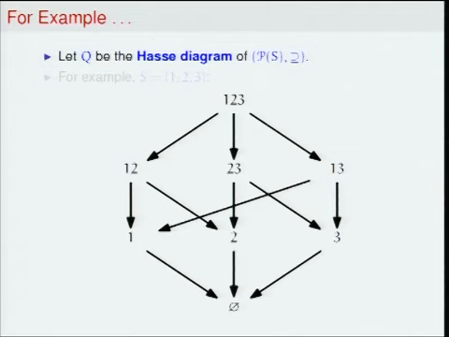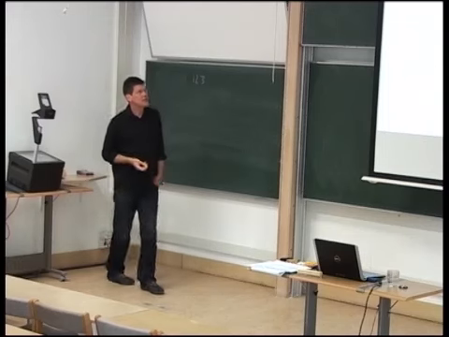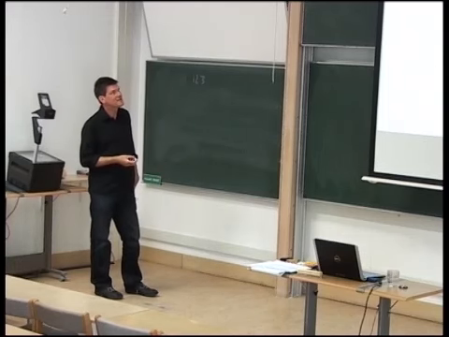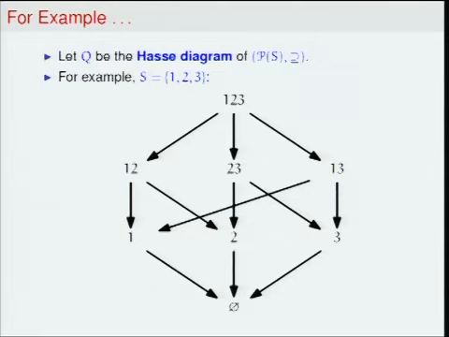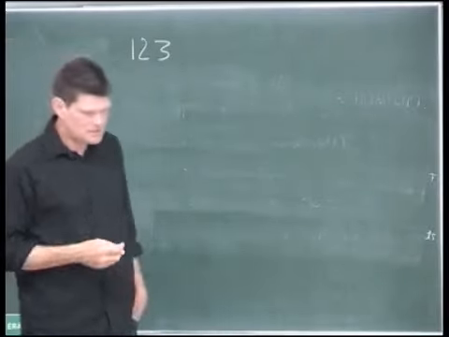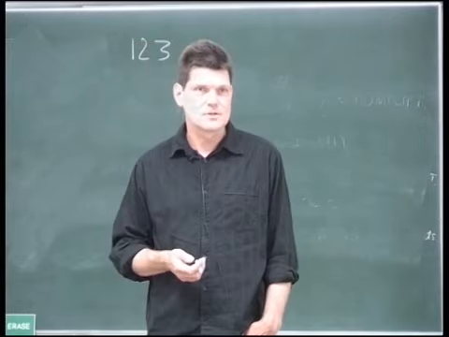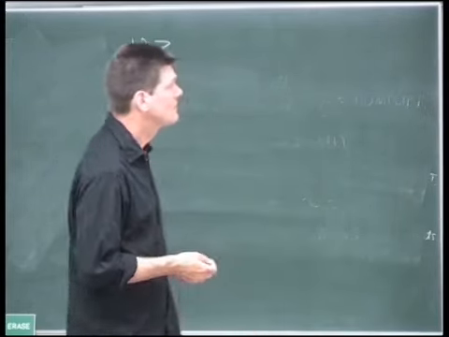Here's an example of a quiver, and this I want to use as the starting point for the construction, and maybe we keep a copy of it over here. This is the Hasse diagram of a finite set S, sorted with respect to reverse inclusion. If I write down subsets here, I leave out all the punctuation, commas and curly braces, so it gets faster.